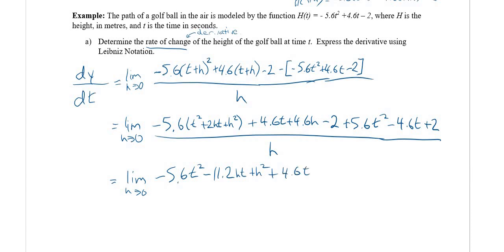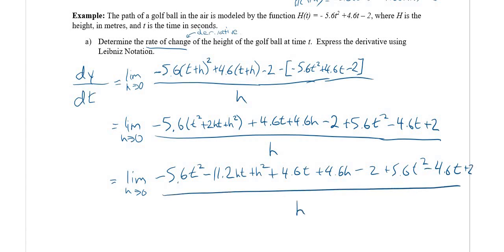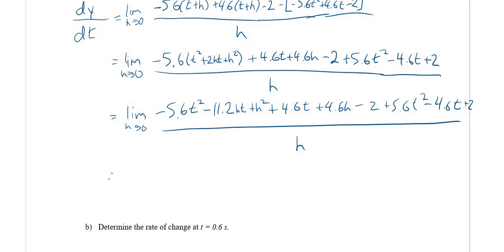You could try collecting like terms, but let's just do it all in one step next. Minus 2 plus 5.6t squared. Just keep writing out all the rest of this line, all over h. Okay, this is starting to get a little messy. Let's see what we can do here.